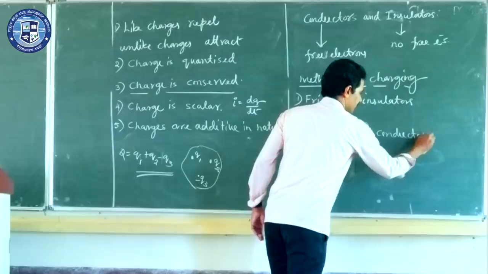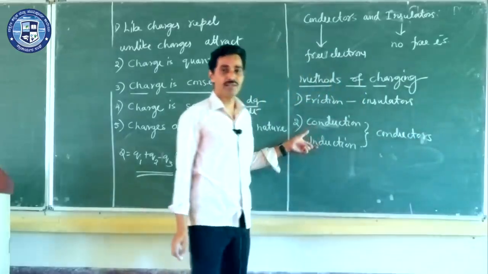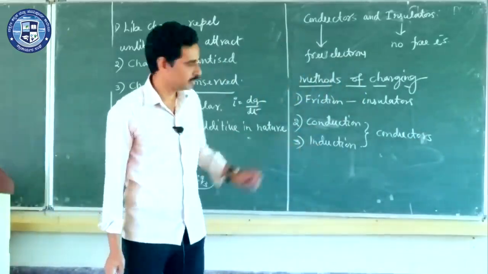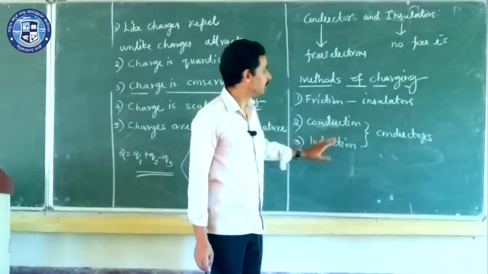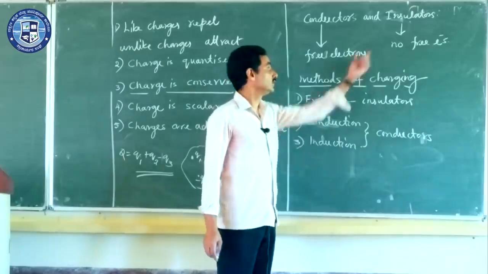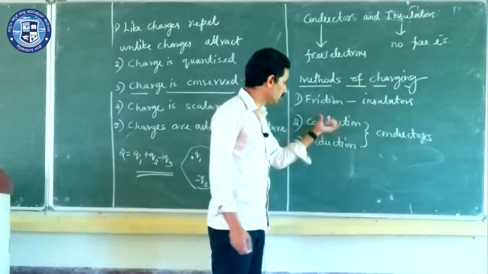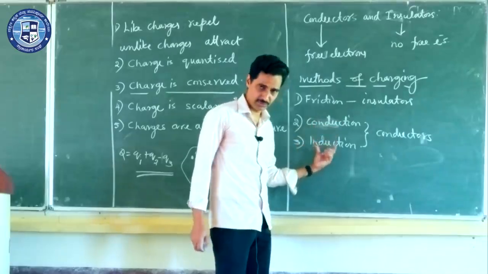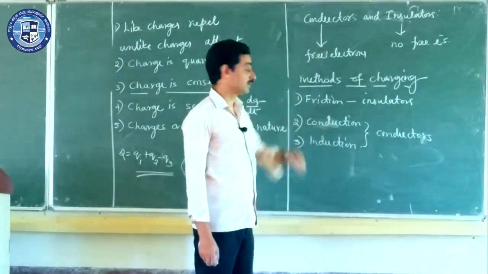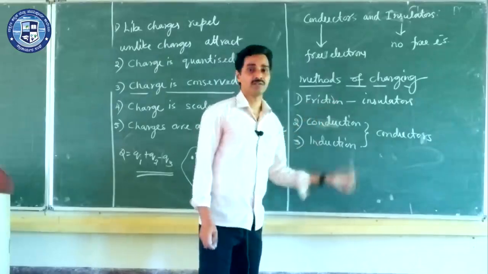Insulator cannot be charged by using this method, because if induction and conduction have to occur, it should be a material which can allow the charges to flow through. But unfortunately, insulators don't allow the charges to flow through. So you can't charge an insulator using these two methods, because of the property of the insulator. An insulator can be charged only by friction.